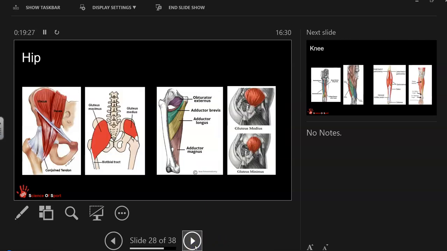Moving on to the hip. So hip flexors, iliopsoas. So the iliacus and the psoas muscle actually connect through the same tendon, and I think this is collectively called iliopsoas. The main hip flexor, there are other muscles like tensor fascia lata, TFL, that assist with that.